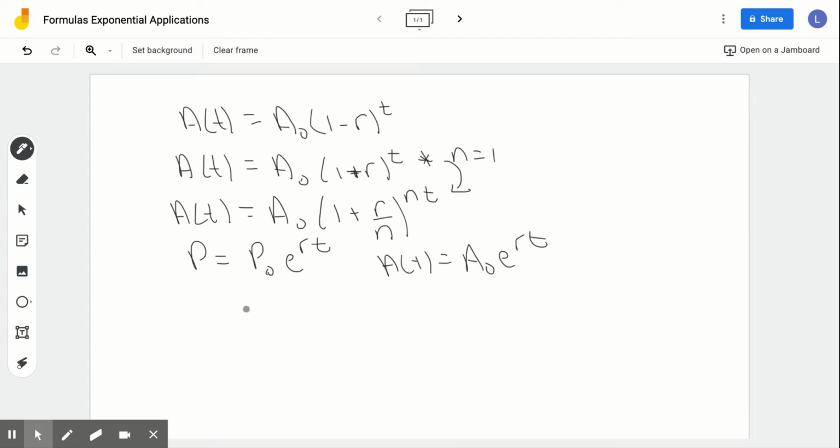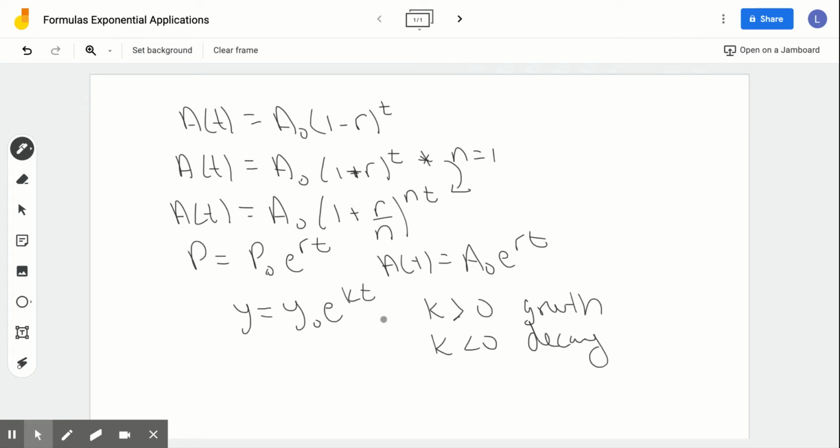Now, kind of a spin-off of that, this is really a specific version of the law of exponential change, which is y equals y sub 0 e to the kt. Now, if k is positive, that means this is an exponential growth situation. And if k is negative, then it's exponential decay. And so really you can see that these are all the same formula. A lot of times you have to solve for k, and then you use that value to answer the question.